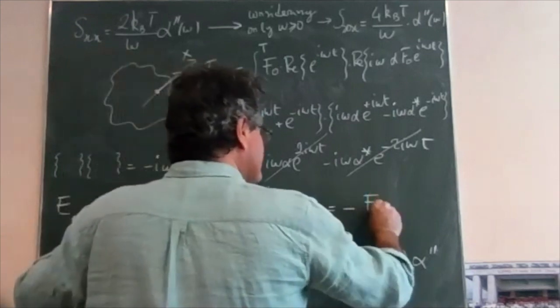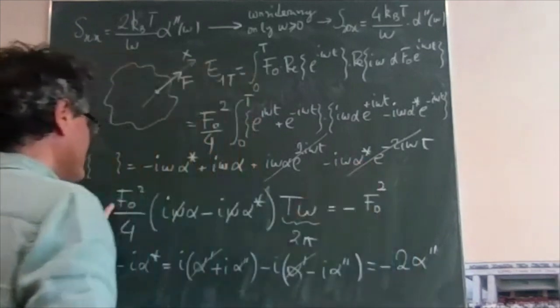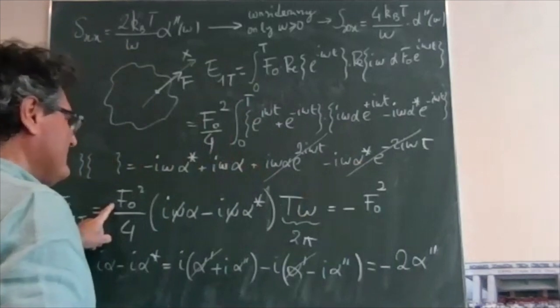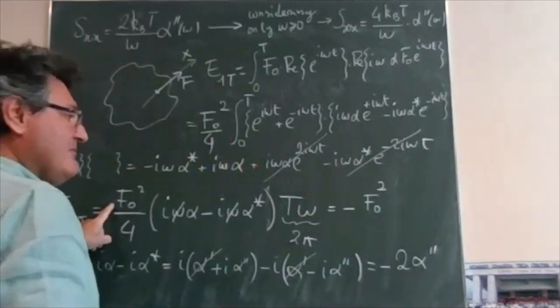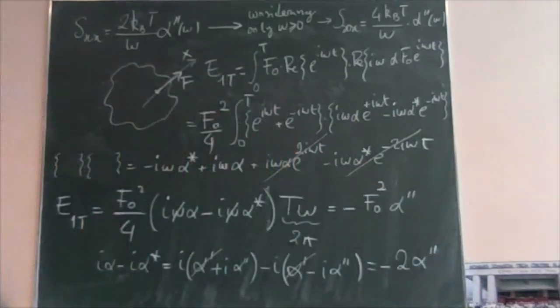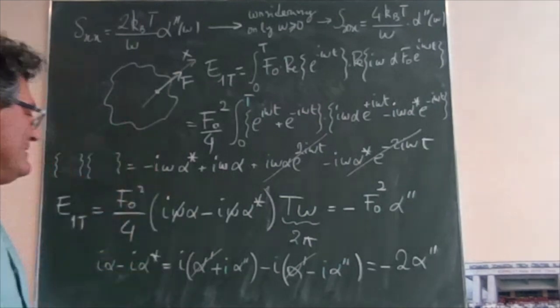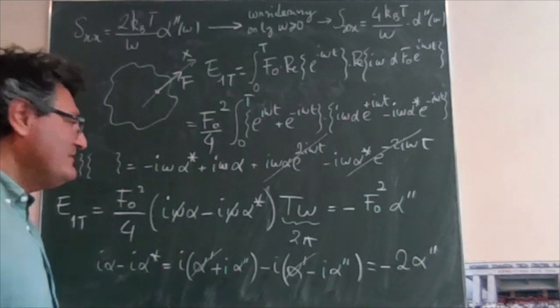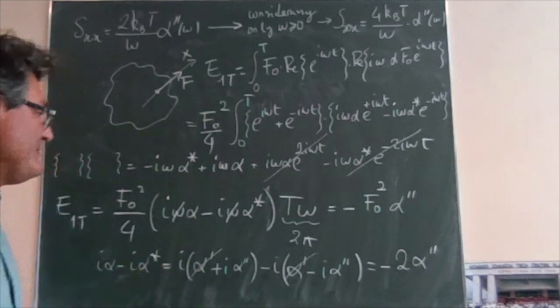So f0 squared alpha second. Okay. So after long calculations that seems quite difficult, the result is rather simple.